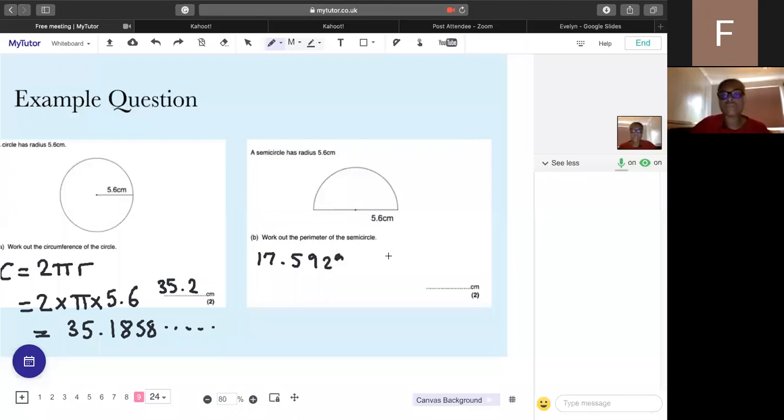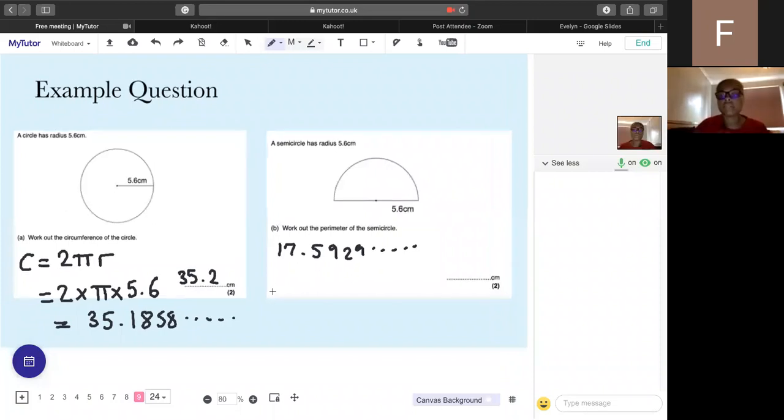Now, if it's not stored in your calculator, just quickly do 2 times pi times 5.6, because remember, we still want to make it as accurate as possible. We don't want to round too early. If you round too early, you will get the wrong answer in the end. So if we do 2 times pi times r again to get 35.1858, and then divide that by 2, you get 17.5929, and it goes on a little bit.